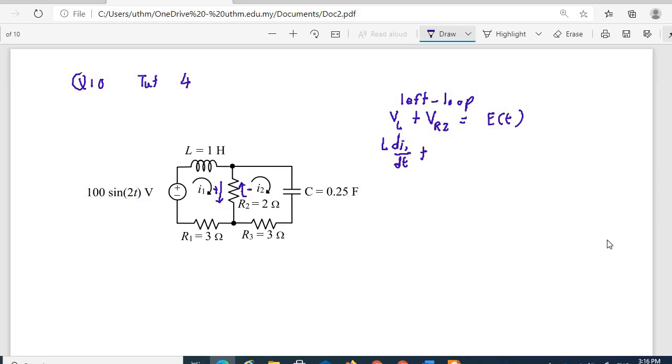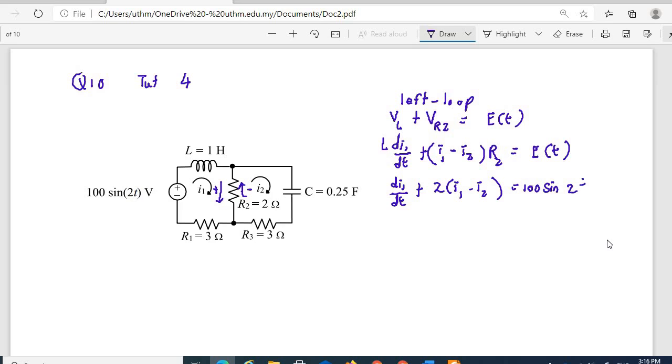So for VR2 we have (I1 minus I2) multiplied by R2 equal to E(t). We plug in L is 1, so you have dI1/dt, plus R2 is 2, so 2(I1 minus I2), equal to E(t), given here as 100 sin 2t.